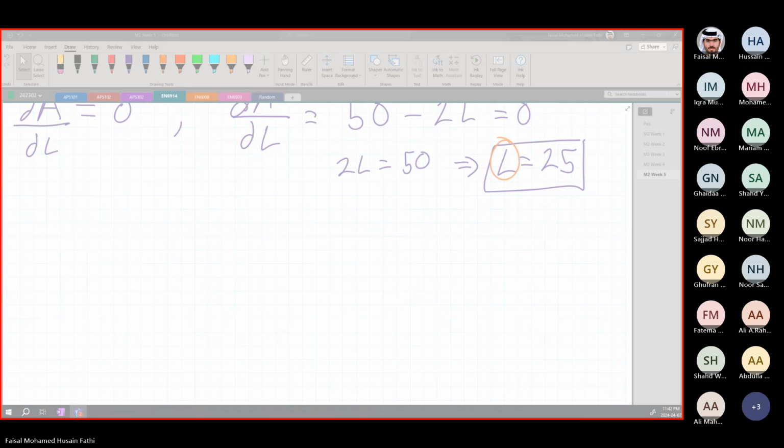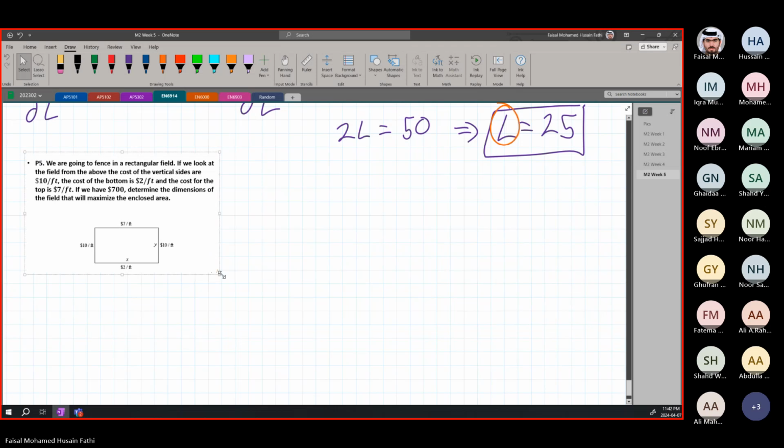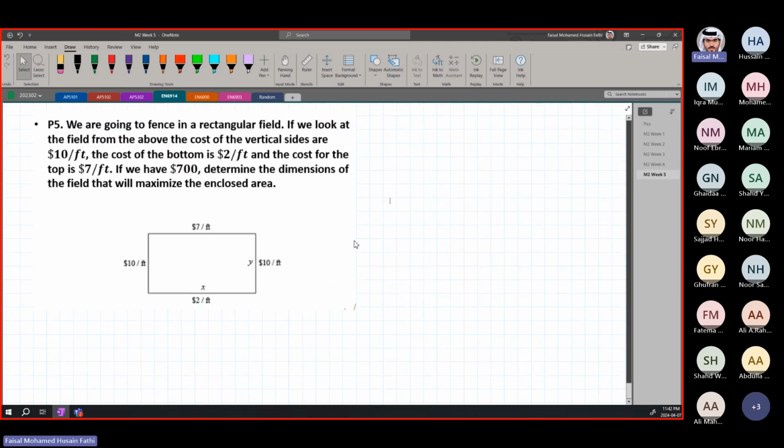Now question 5 يقول لنا: we are going to fence in a rectangular field. If we look at the field from above, the cost of the vertical sides are $10 per feet، اللي هم هذيل السايدز vertical sides $10 per feet ومسمينهم Y. Alright.